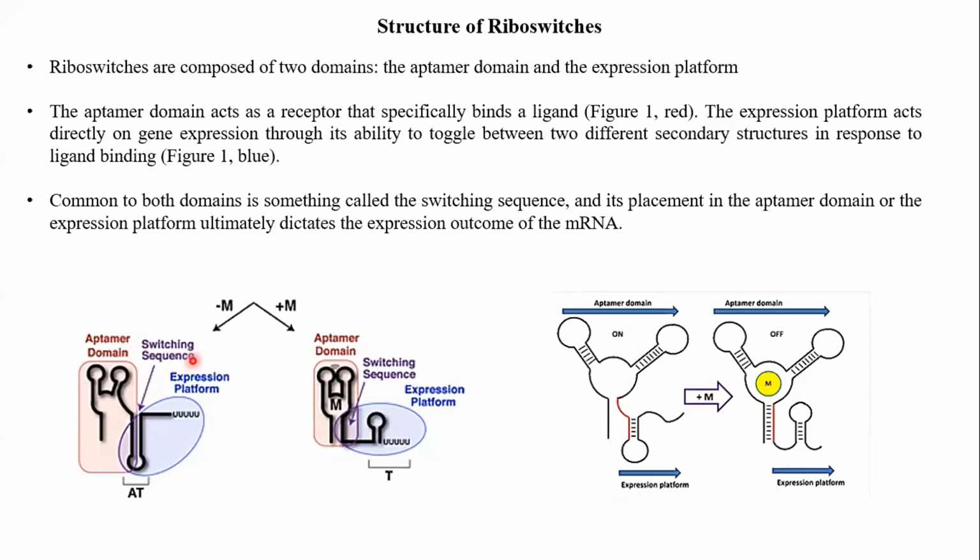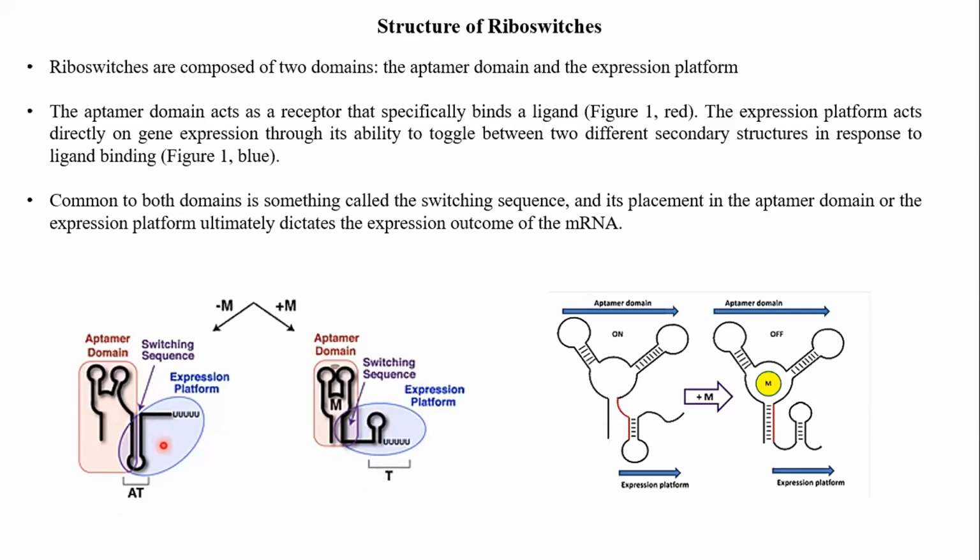Now, the third region. See here, this is the switching sequence. What is the switching sequence? The switching sequence is a common sequence which is present in the aptamer as well as the expression platform. These two colors are merging and this purple region is the switching sequence. It switches between anti-termination and termination.